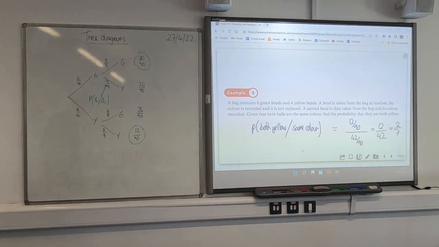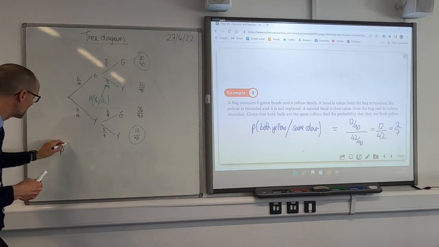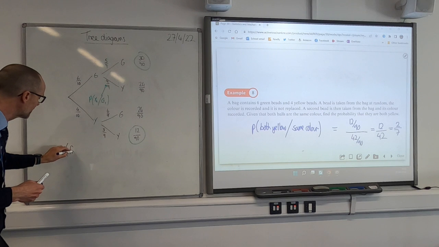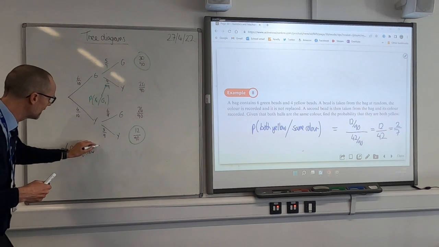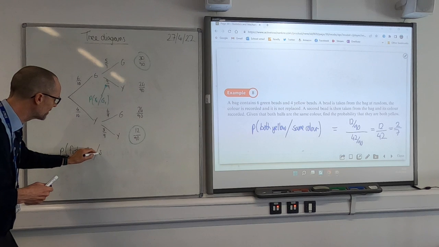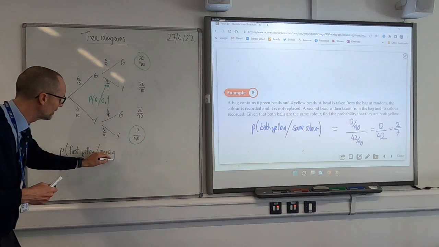Now, I also had a supplementary question. I said, if the second ball's green, what's the probability that the first ball was yellow? And our tree diagram is drawn the wrong way round for that. So let's work out that one. What's the probability that the first is yellow, given that the second is green?